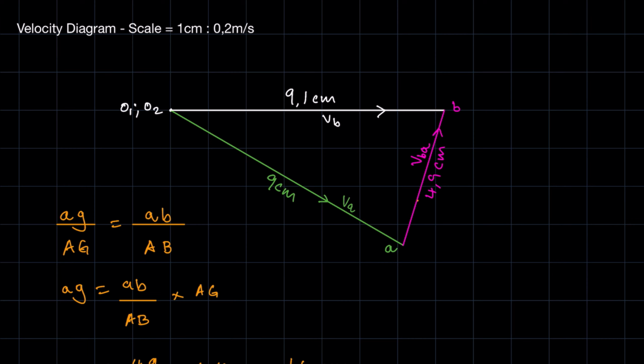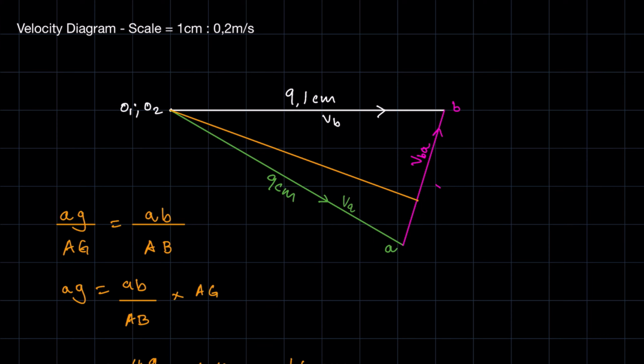Now, once you have that point, you simply take your ruler and draw a line from the fixed point to where point G is.